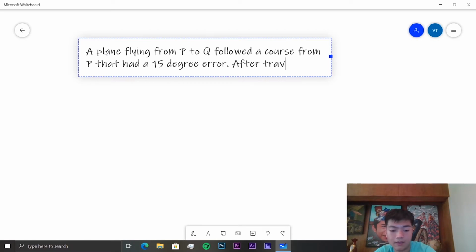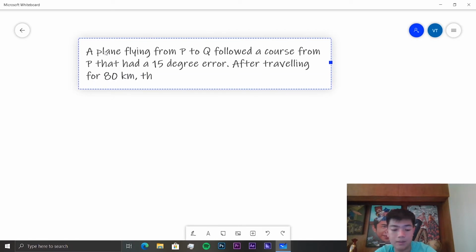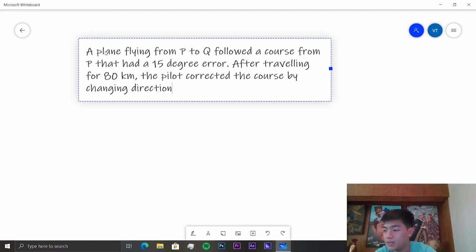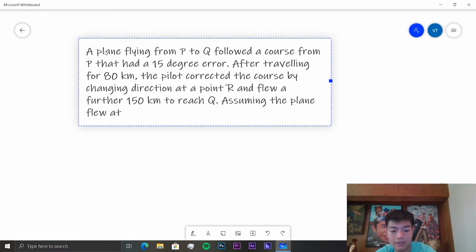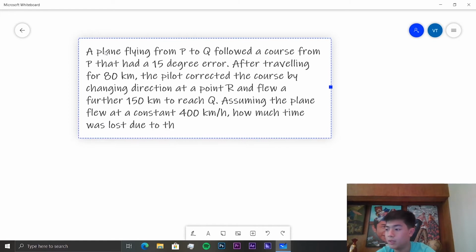After traveling for 80 kilometers, the pilot corrected the course by changing direction at a point R and flew a further 150 kilometers to reach Q. Assuming the plane flew at a constant 400 kilometers per hour, how much time was lost due to the error, to the nearest second?